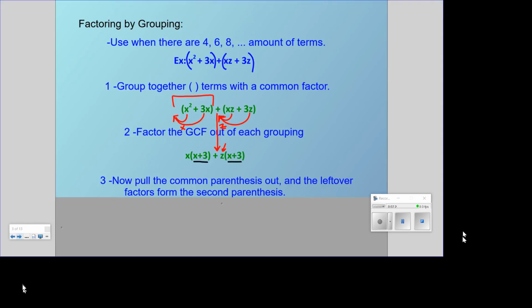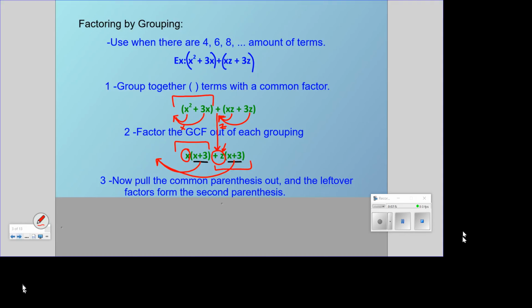So this 4-term polynomial is going to factor to the product of 2 binomials. A binomial times a binomial is what we're going to end up with. What this is essentially saying is that because x is being multiplied by x plus 3, and a positive z is also being multiplied by x plus 3, then x plus 3 in a sense is a GCF of this chunk and this chunk.